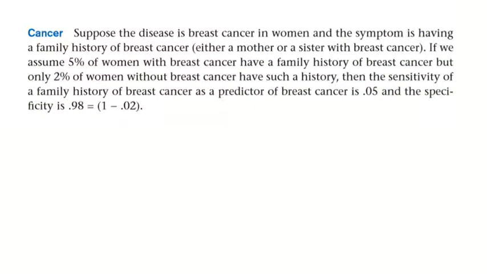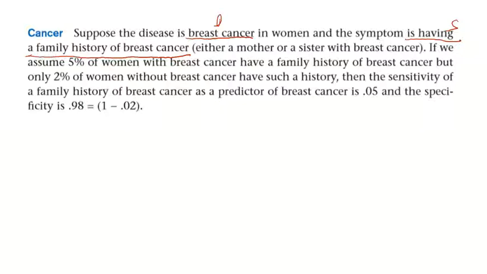Here we have another example. Suppose the disease is breast cancer in women. And our symptom is having a family history of breast cancer. So you have disease and symptom.